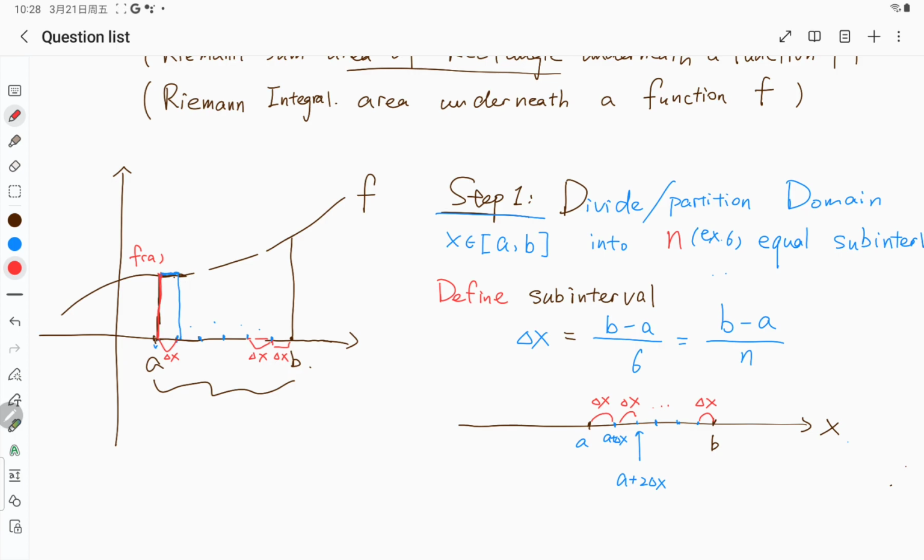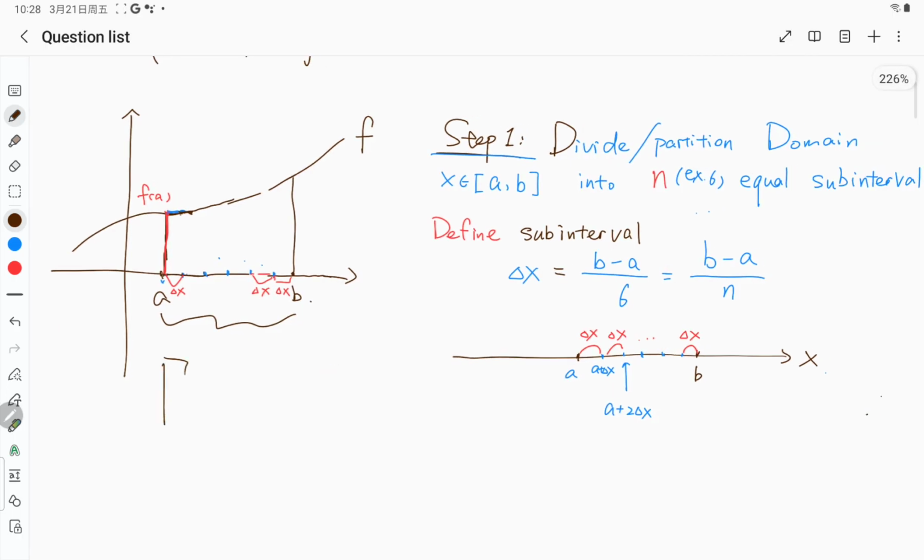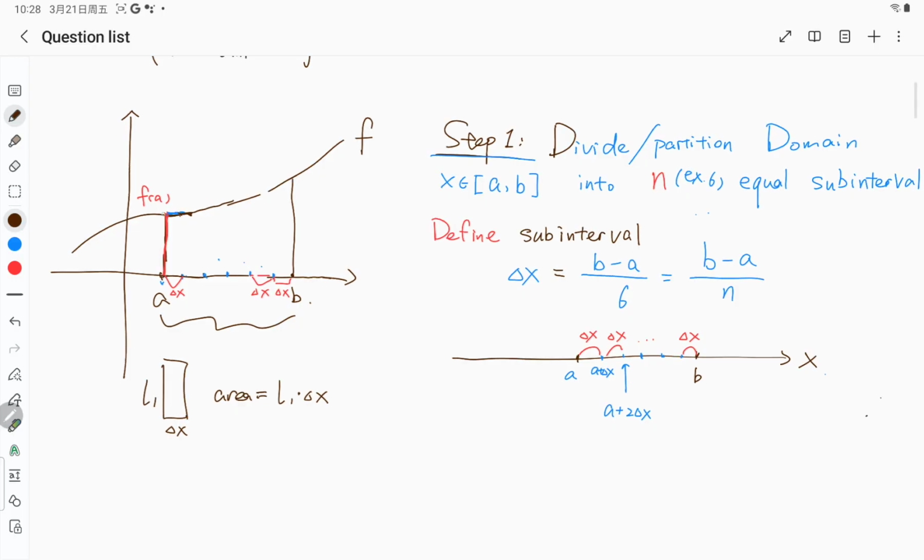And the area of a rectangle is just the product of its sides: if L1 is the first side and delta x is the second side, the area is L1 times delta x. So the area of the first rectangle will be f(a) times delta x.